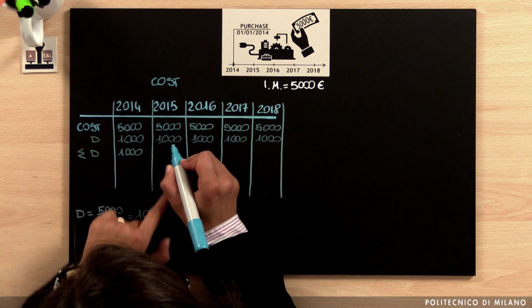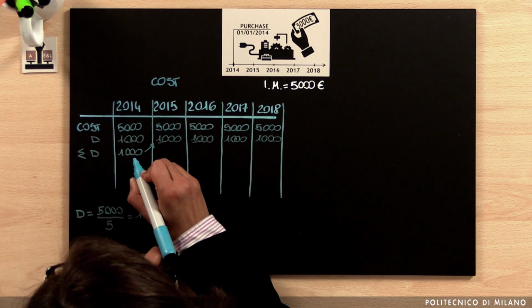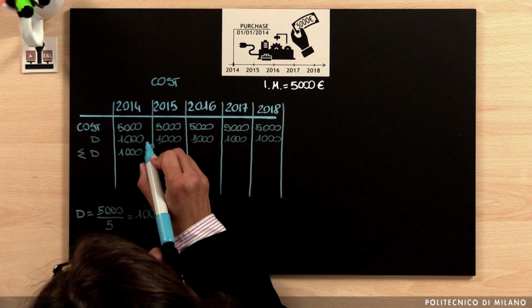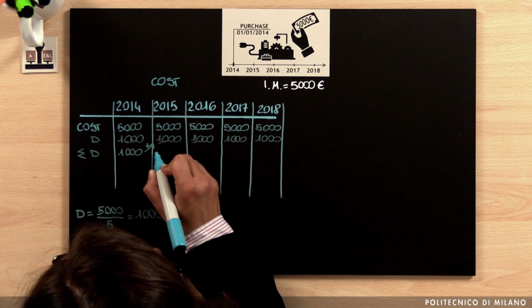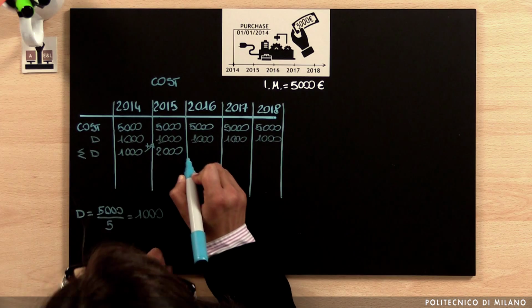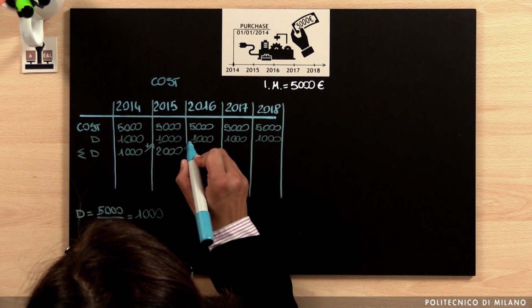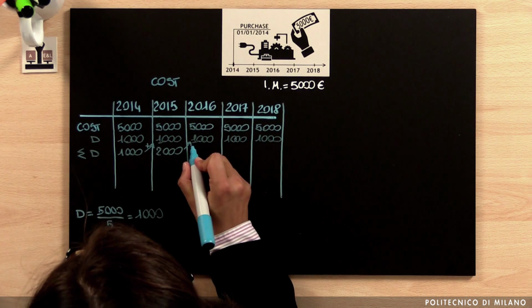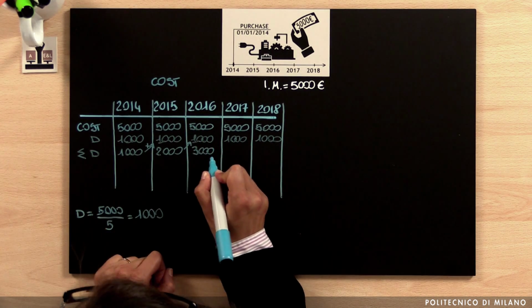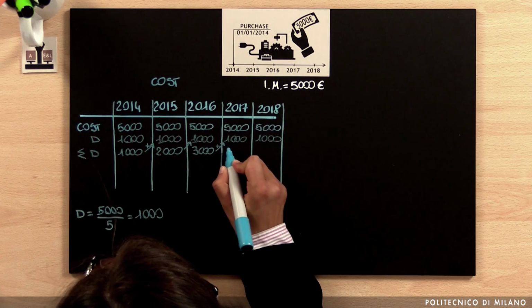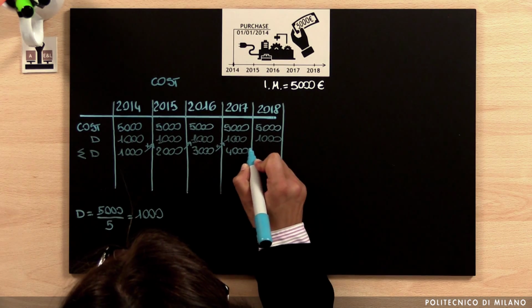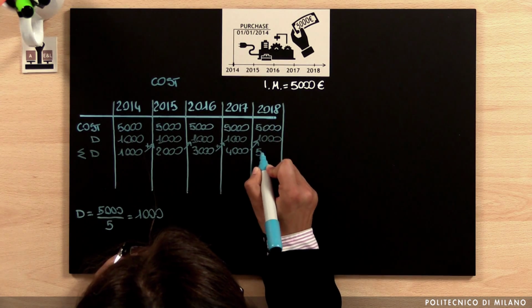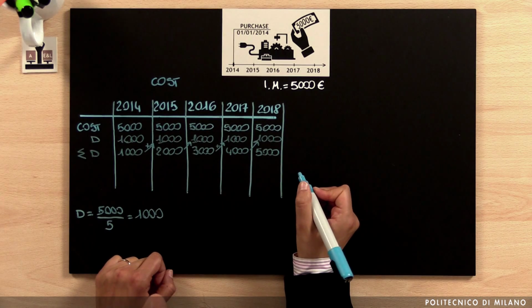Then the depreciation of 2015 will be the 1,000 euros of 2014 plus the depreciation of 2015, so we will have 2,000 euros. Then in 2016 we will have the cumulated depreciation plus the depreciation of the year, so we will have 3,000 euros. And the same is applied for the remaining years, arriving in 2018 with 5,000 euros of overall depreciation.